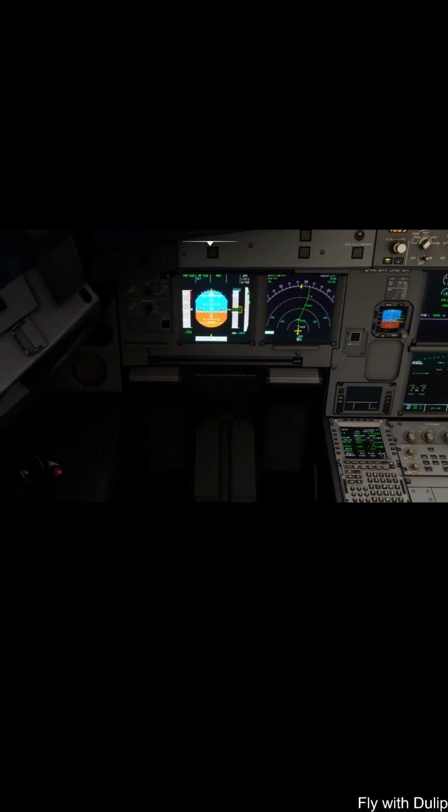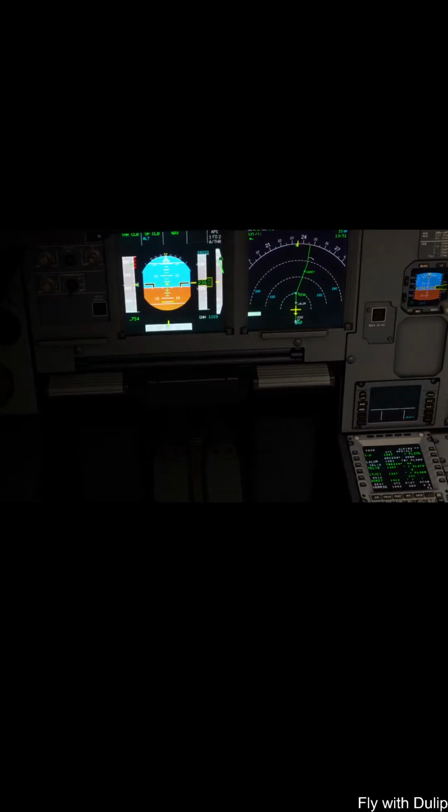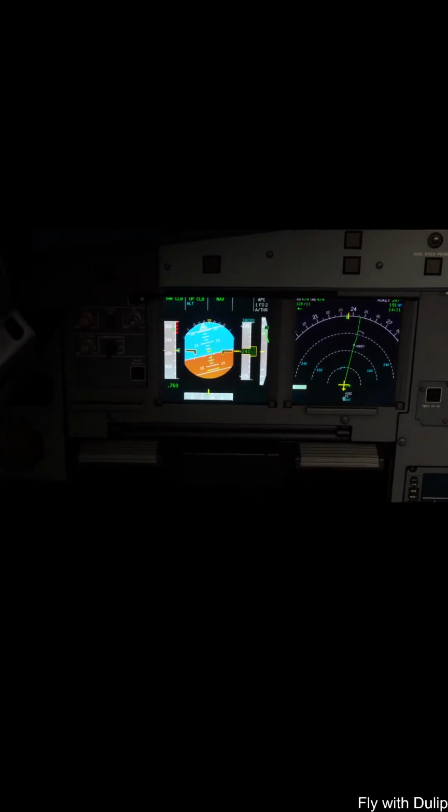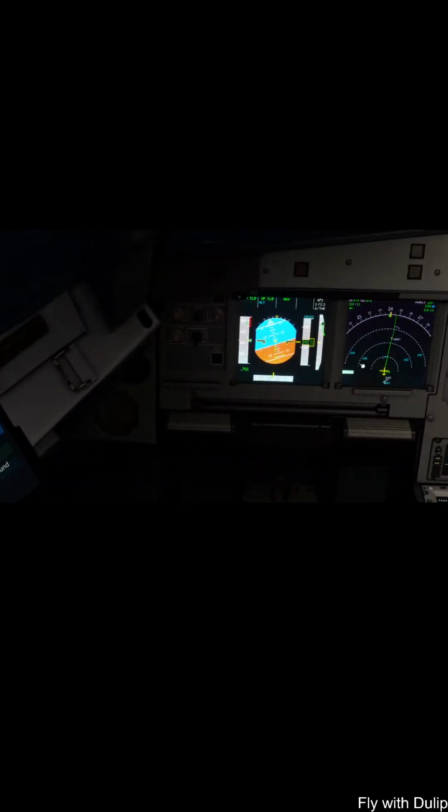Copy SriLankan 103, we clear direct HOKEY. Clear direct HOKEY, SriLankan 103. So let's go direct HOKEY. I think he might ask about 10 minutes or 2 minutes or something like that. I think it is better this way.